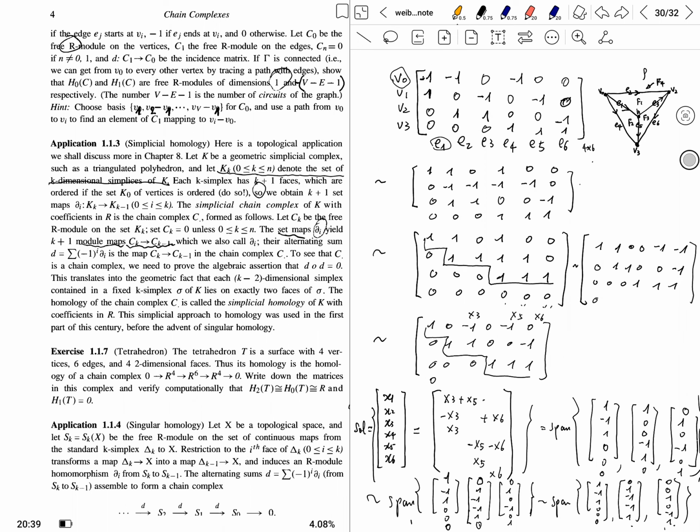The kernel of D1 is equivalent to solving this linear system, but one thing you should be careful about is that you cannot do that as you do for vector spaces. It's not really legal to multiply by whatever real coefficient you want, because for example you could divide by 2 when your coefficient ring is Q, but if your coefficient ring is Z, it's illegal to divide by 2, right?